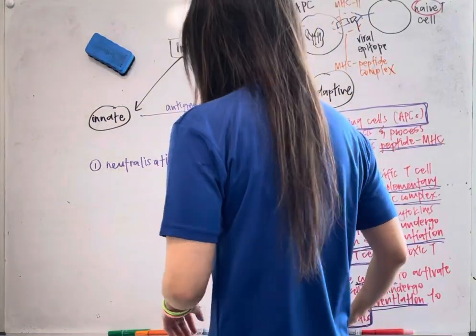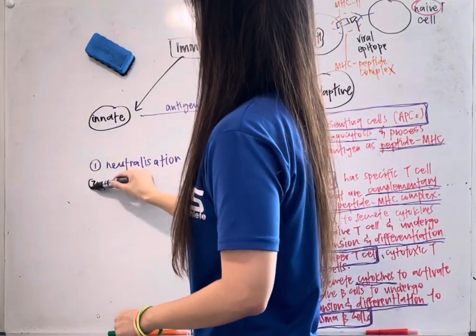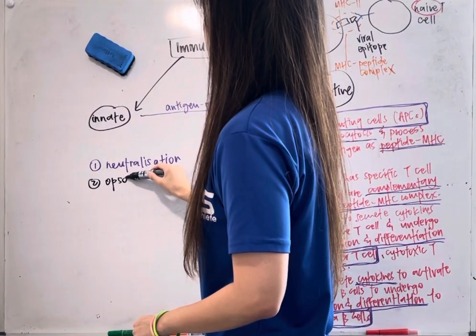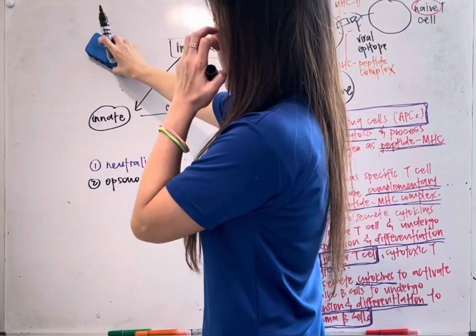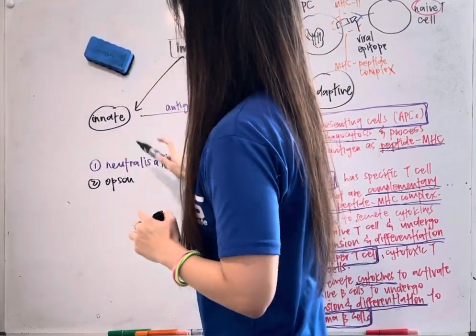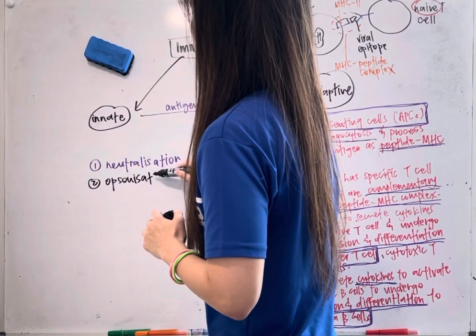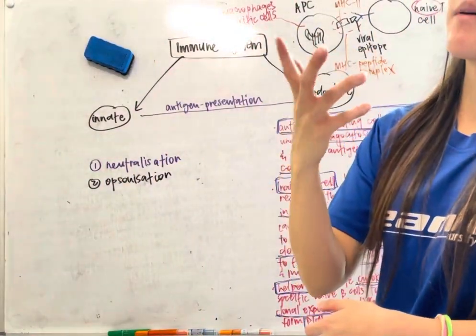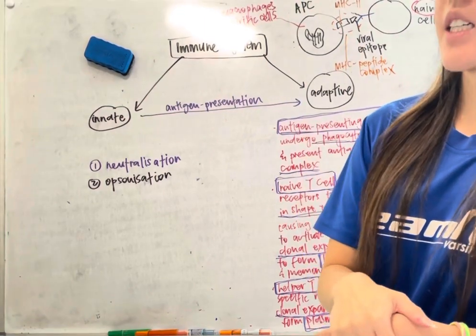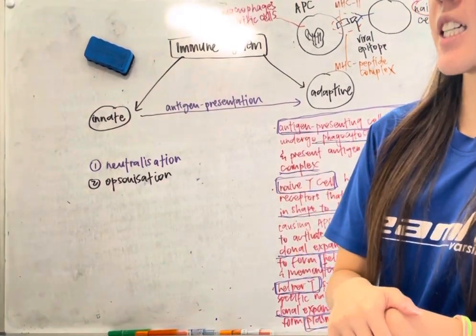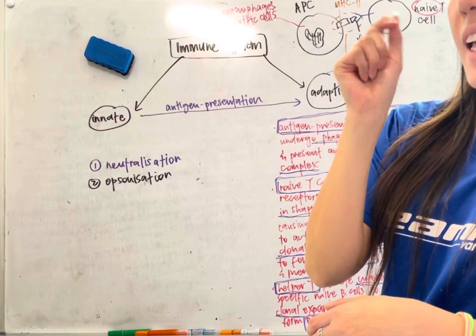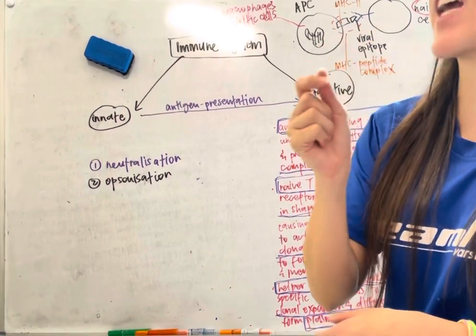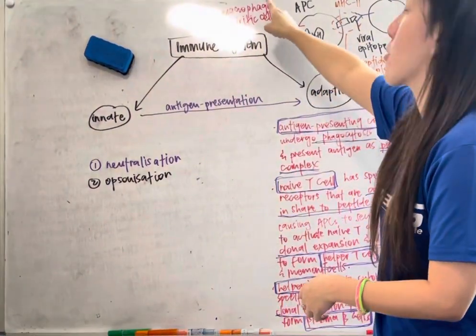Opsonization, what is it? You mark the... Yes. But that one is the process, right? So opsonization, if you want to learn how to describe it, especially for your essay, is the binding of your antibodies to mark the antigen or pathogen for phagocytosis by macrophages.